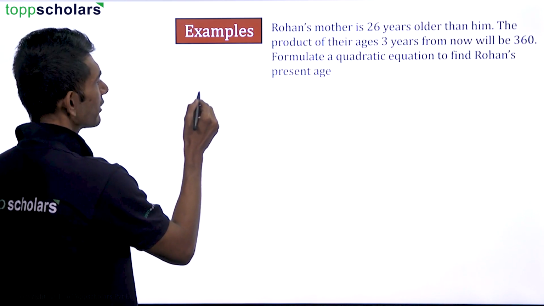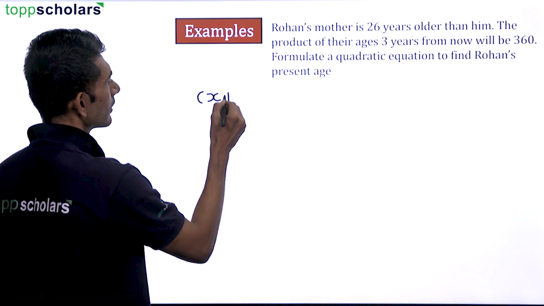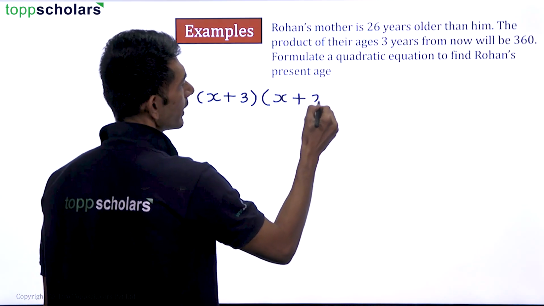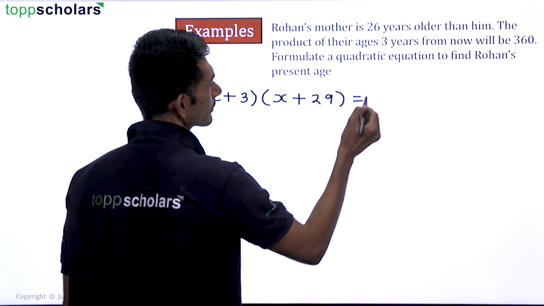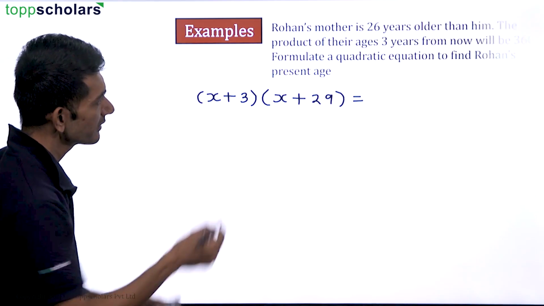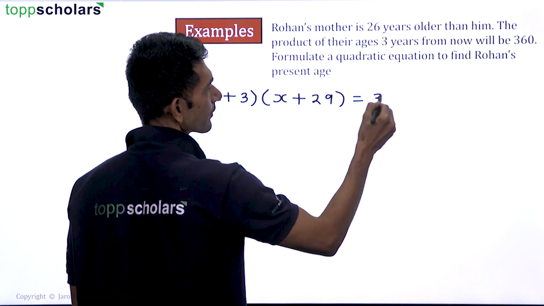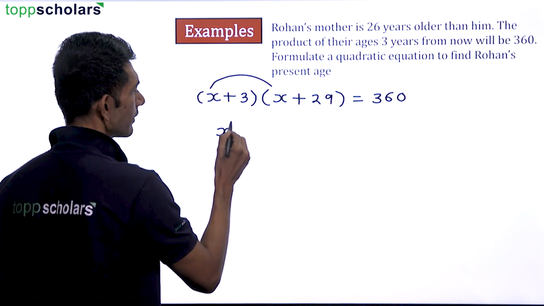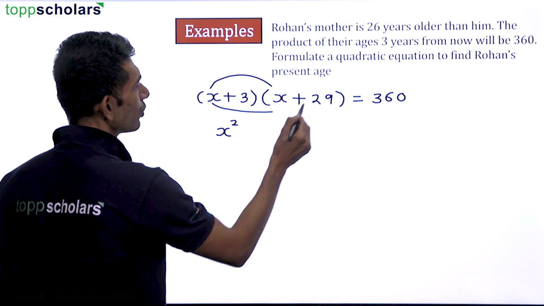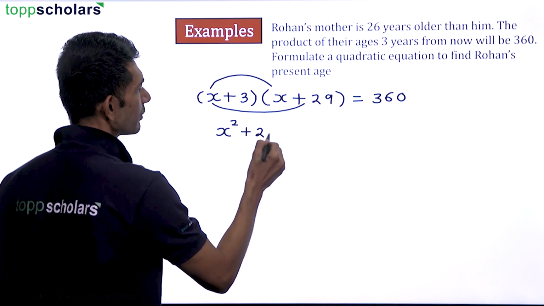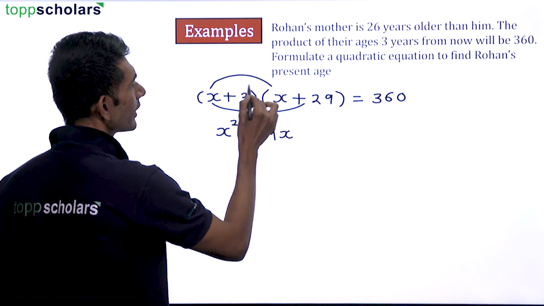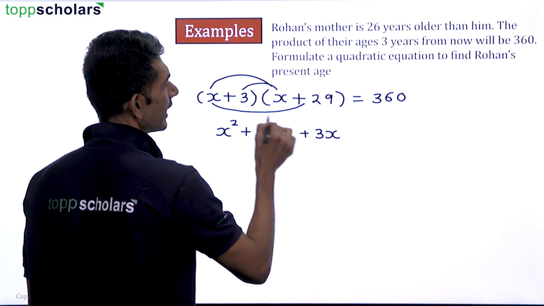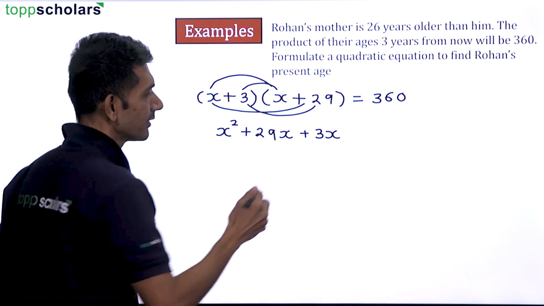So we have x plus 3 multiplied by x plus 29 is equal to how much? It is given in the question, 360. So x into x is x square, x into 29 is plus 29x, 3 into x is plus 3x, and 3 into 29 is how much? 87.